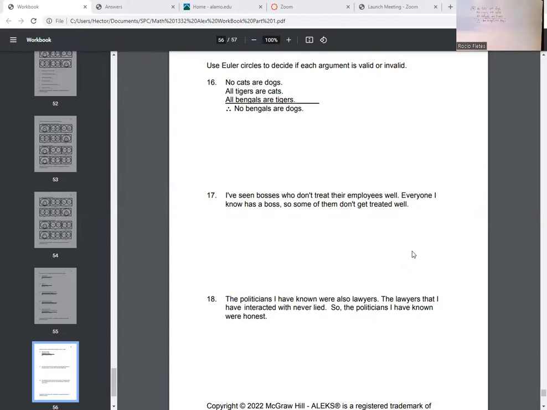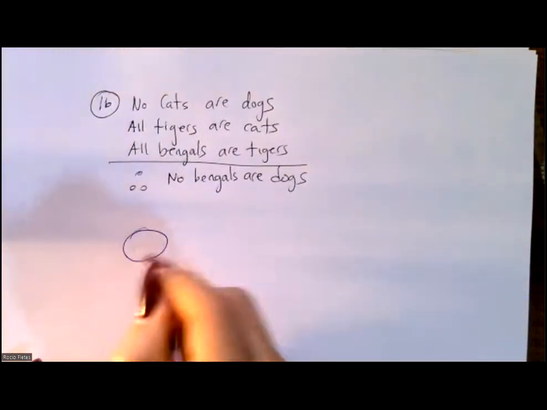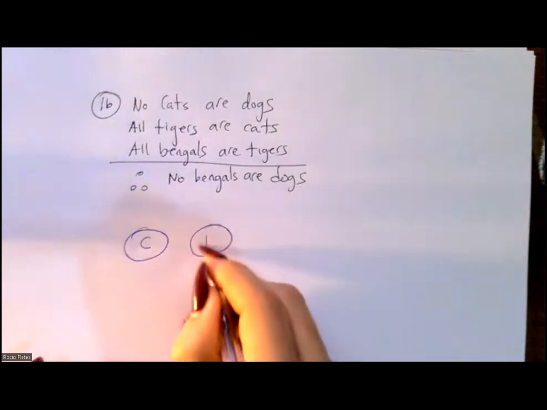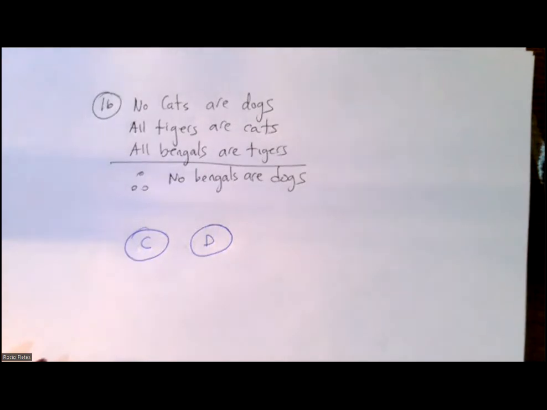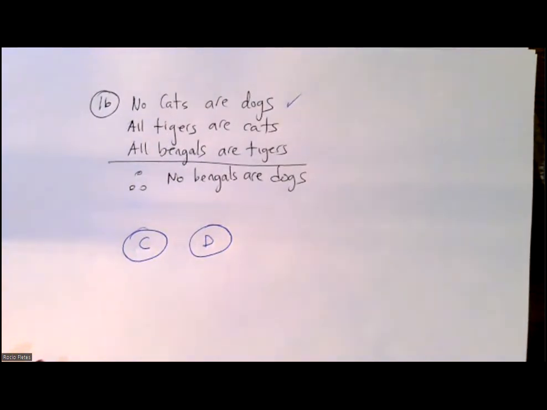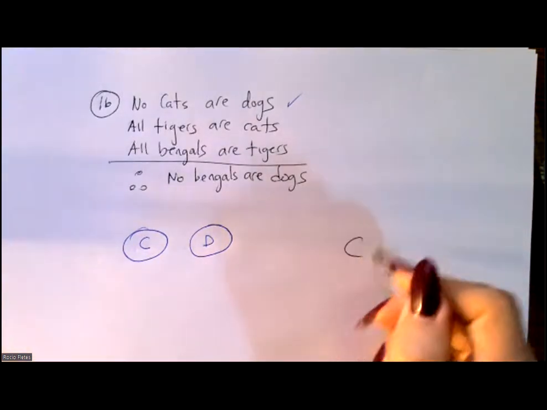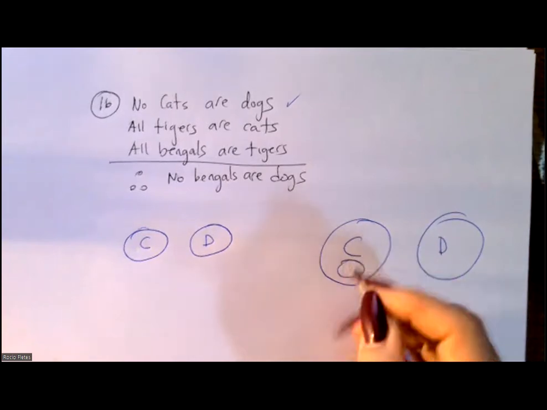So let us begin drawing the Venn diagrams. No cats are dogs, so we have two disjoint sets. Cats and dogs are disjoint, right? And then the second premise: all tigers are cats. I'm going to draw this bigger. This is C and this is T. You have tigers inside of cats.